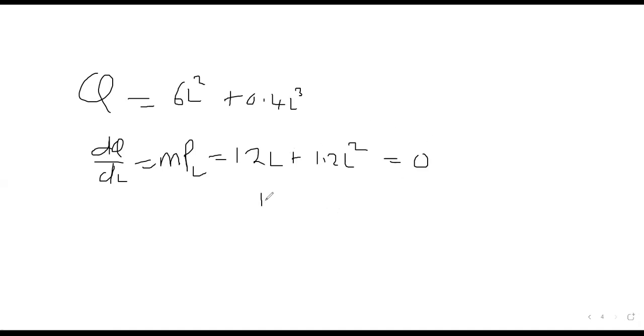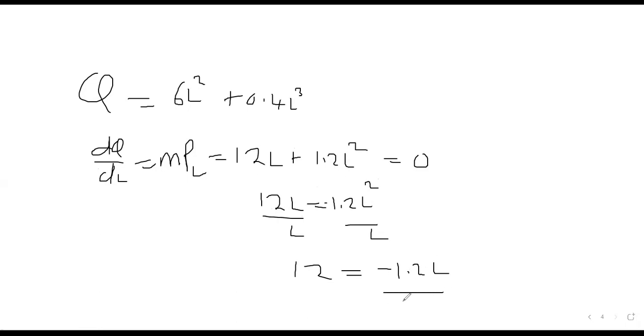When this one goes to the other side, 12L is negative 1.2 L squared. So we divide by L on both sides. And we have 12 is negative 1.2 L. And we divide both sides by negative 1.2. So L is going to be negative 10. All together. Yes.